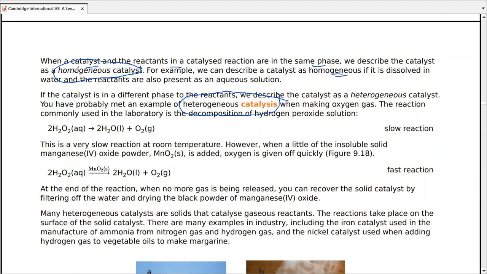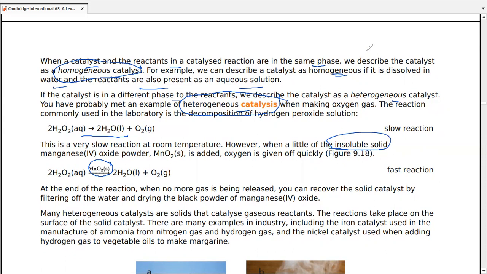A catalyst is homogeneous if it is dissolved in water and the reactants are also present in aqueous solution. If a catalyst is present in a different phase to the reactants, we call it a heterogeneous catalyst, and the catalysis is heterogeneous catalysis. For example, for hydrogen peroxide being converted into water and oxygen, if the catalyst is manganese(IV) oxide powder, it is heterogeneous catalysis, since this is an insoluble solid that does not dissolve.